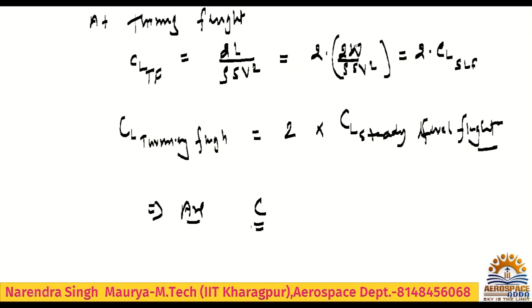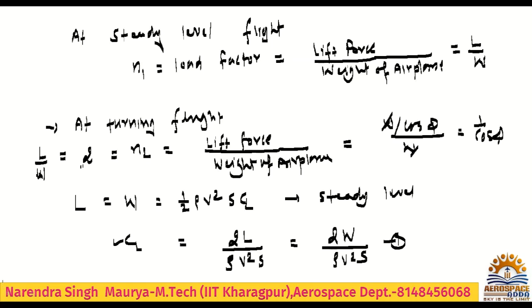Sometimes they may ask the comparison between the load factor, okay, as per given data you have to relate. You have to write load factor for the steady level flight separately, and for turning flight you have to write separately, and then you can compare. Okay, remember, during turning flight, load factor will always be greater than 1.